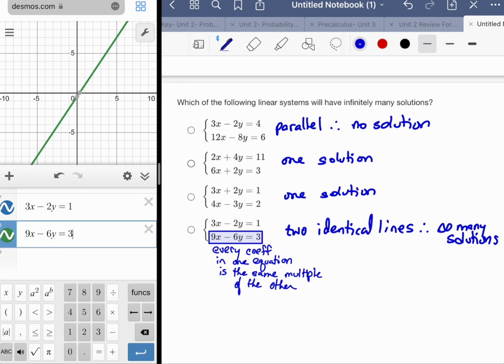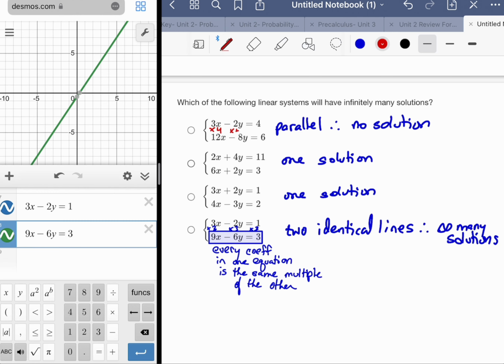And what I mean by that is we multiply by 3, multiply by 3, multiply by 3 across the board. All right, if you can get from one equation to another by multiplying by the same value, then those two equations are the same. It's just off by a constant multiple. As opposed to parallel lines, which are kind of like those. If you look at this, that first one, you'd multiply by 4 to get 3 to 12.